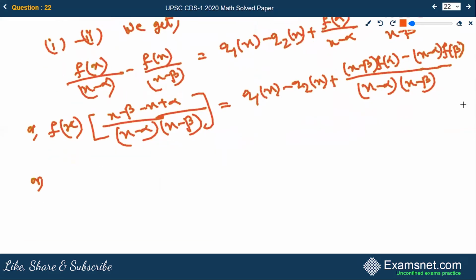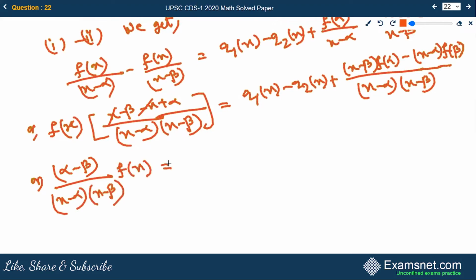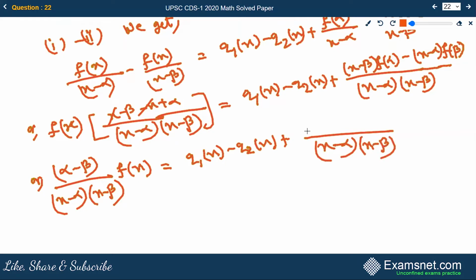So from here, after doing the cancellation, we will get alpha minus beta by x minus alpha x minus beta f of x equals q1x minus q2x, and this expression will remain the same: x minus beta multiplied by f of alpha minus x minus alpha multiplied by f of beta.